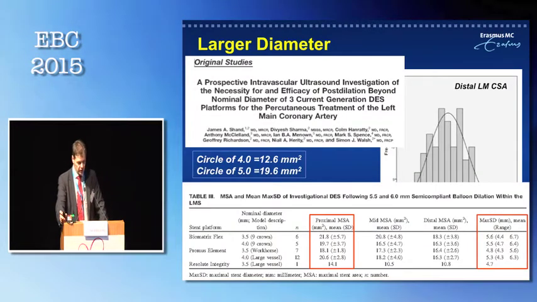Thinking about the diameter of the stent, I always use this data from James Shand from Belfast and Simon Walls, who looked at it, and they saw that the average cross-sectional area was 20 or close to 25 square millimeters, somewhere between 5 and 5.6 millimeters in diameter, so these are significantly higher than the largest stent we have at the moment.